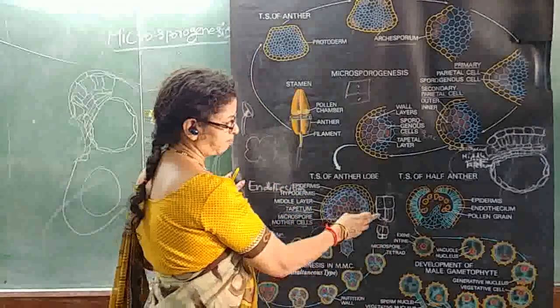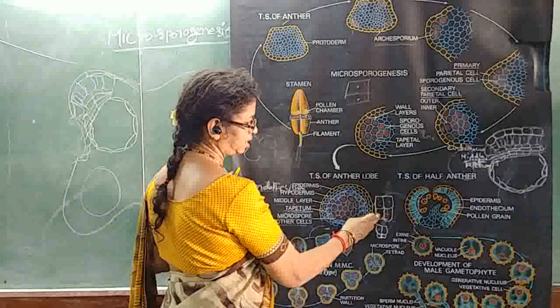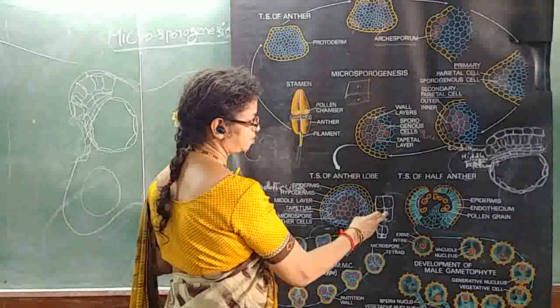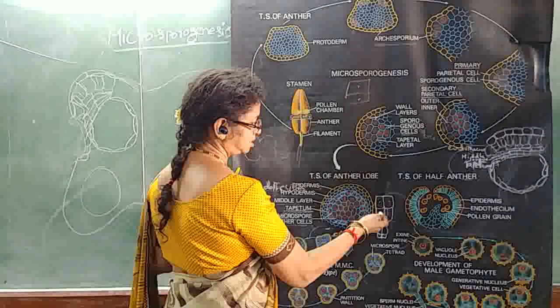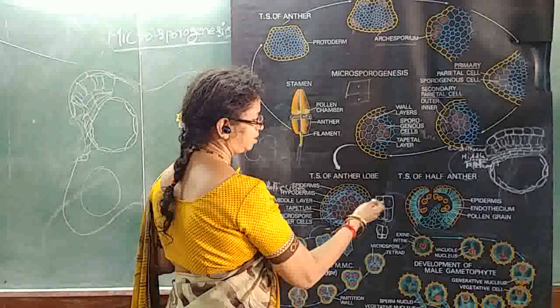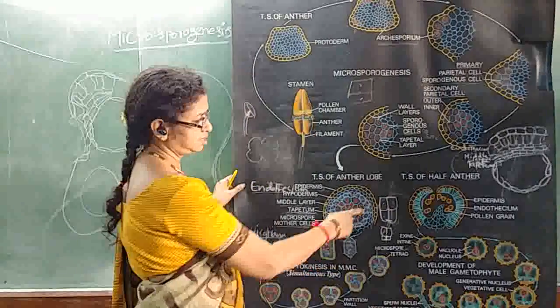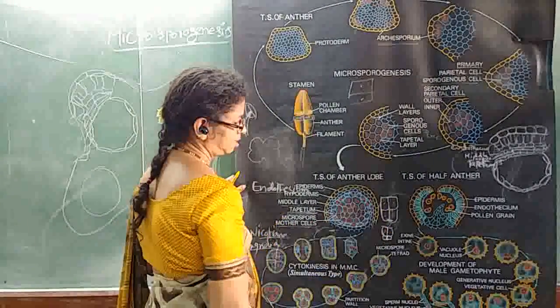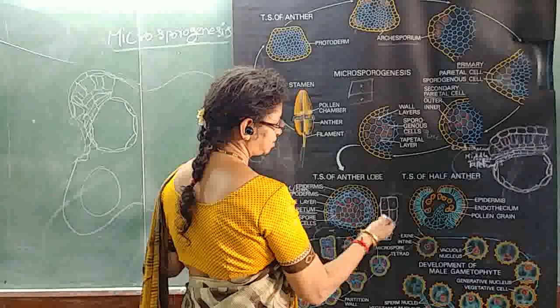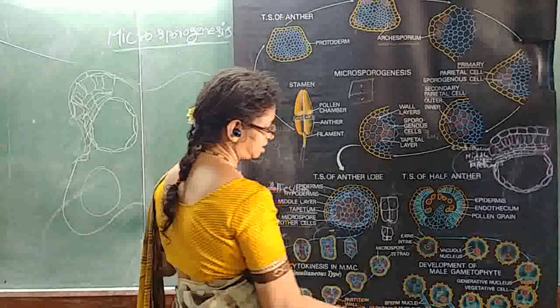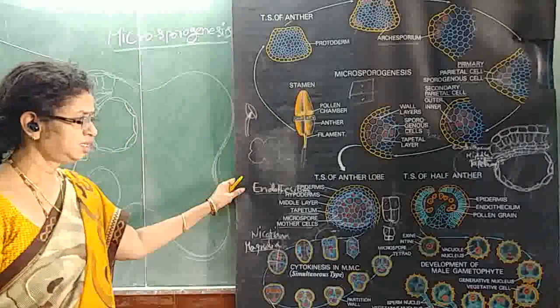So in the basal region, two spores are present. In the upper region, opposite to these two spores, again two spores are present. This is the isobilateral. At right angles to the lower spores, upper spores are present. That is the decussate type.